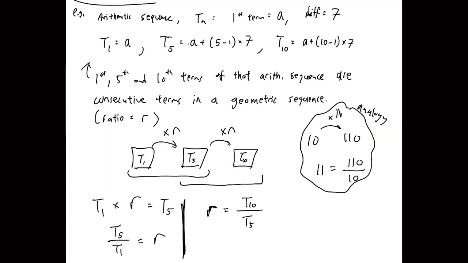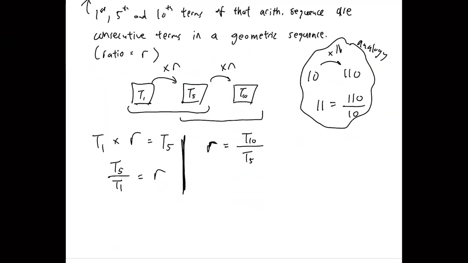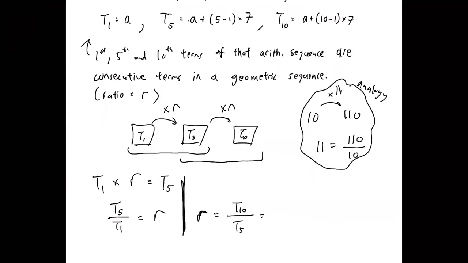Okay, but then we know the formula for T10 and T5, right? So let's just put it down here. T10 is the 10th term of our arithmetic sequence, so we have the formula there. We can fill in the blank: A plus 10 minus 1 times 7, divided by A plus 5 minus 1 times 7.